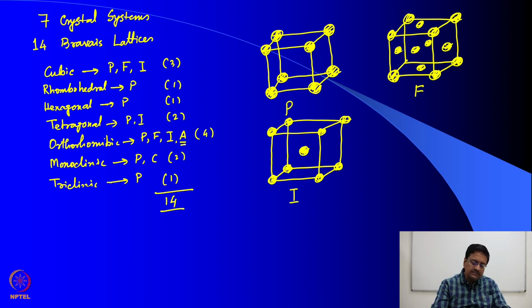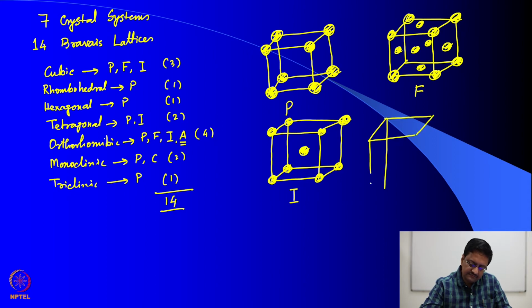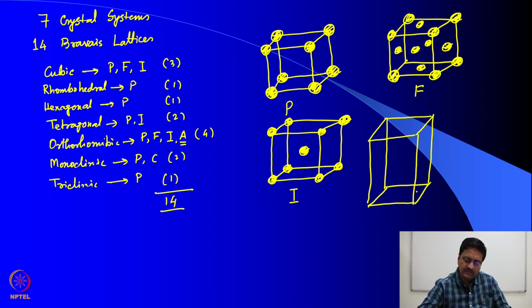In case of orthorhombic, you see there is something called A, which means, if you remember, in orthorhombic, a, b, c are not the same. So if we draw an orthorhombic lattice like this, if this direction is x, this direction is y, and that is z, the plane which is perpendicular to the x-axis is the a direction.